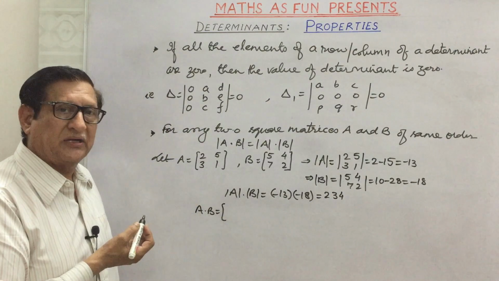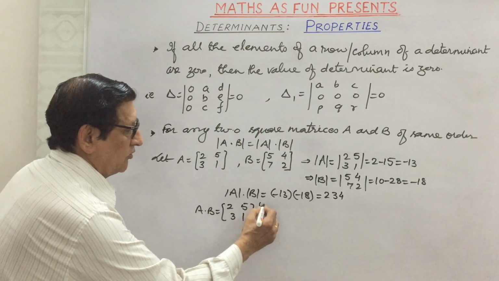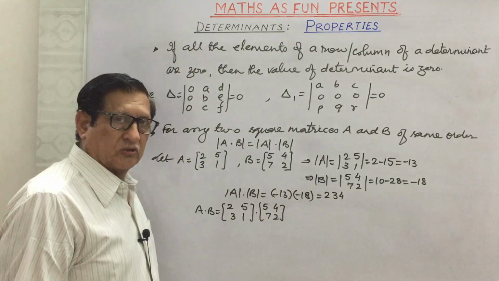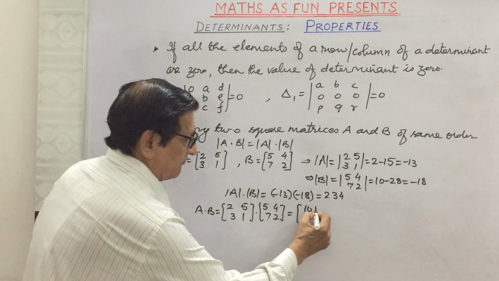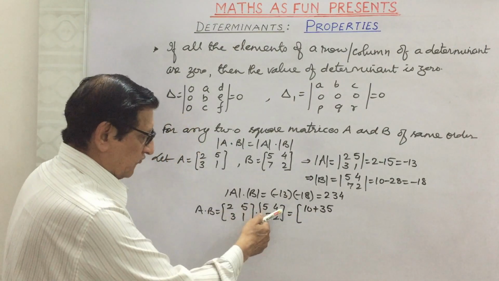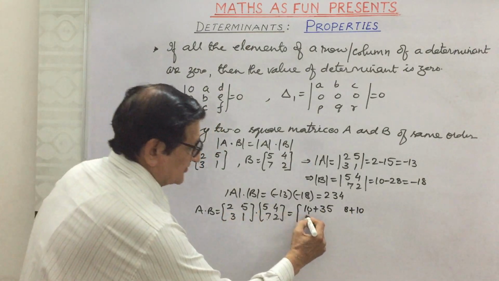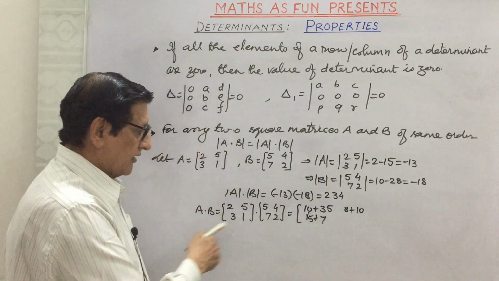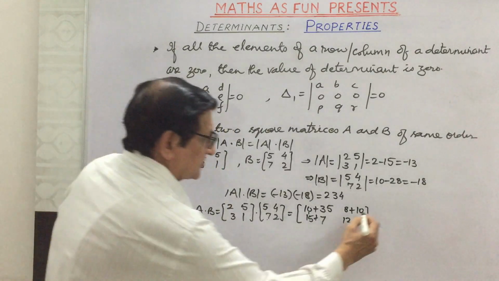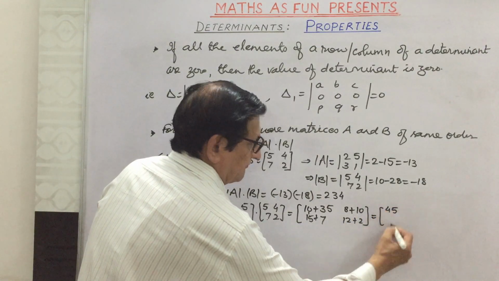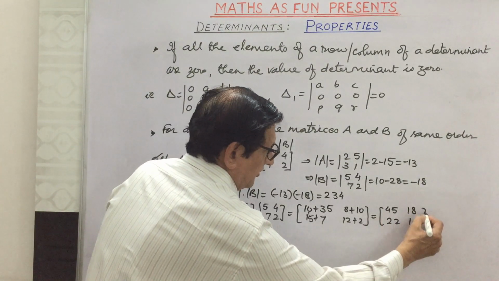Let's find the value of A into B. We know how to multiply the matrices. This is 2, 5, 3, 1 into 5, 4, 7, 2. So we find the value of the matrix as 2, 5 the 10 plus 35, 2, 4 the 8 plus 10, 3, 5 the 15 plus 7, and 3, 4 the 12 plus 2. This is 45, 18, 22 and 14.